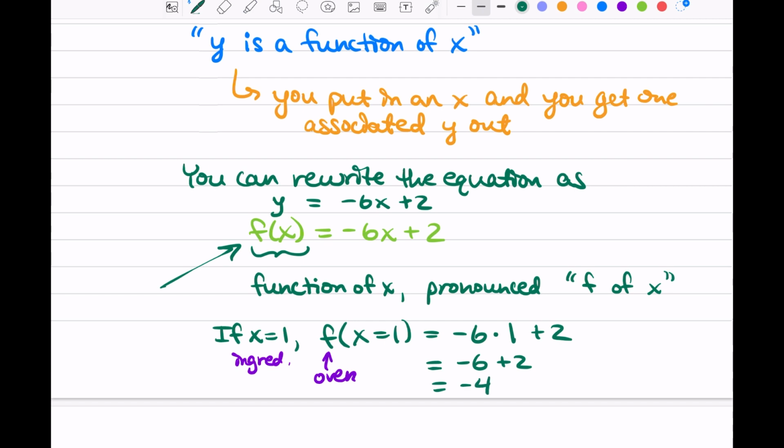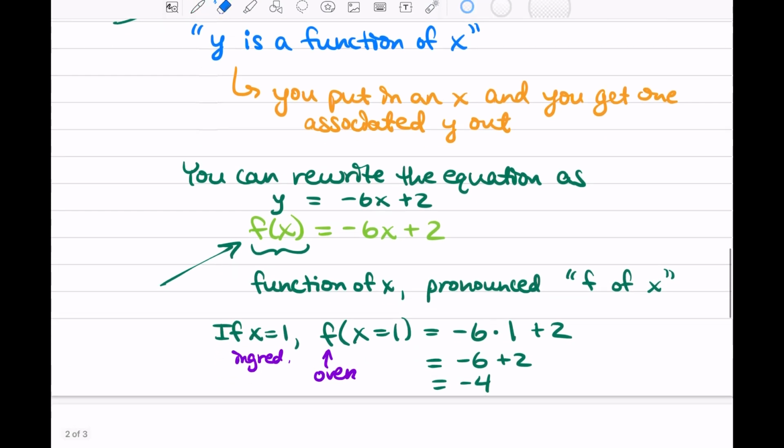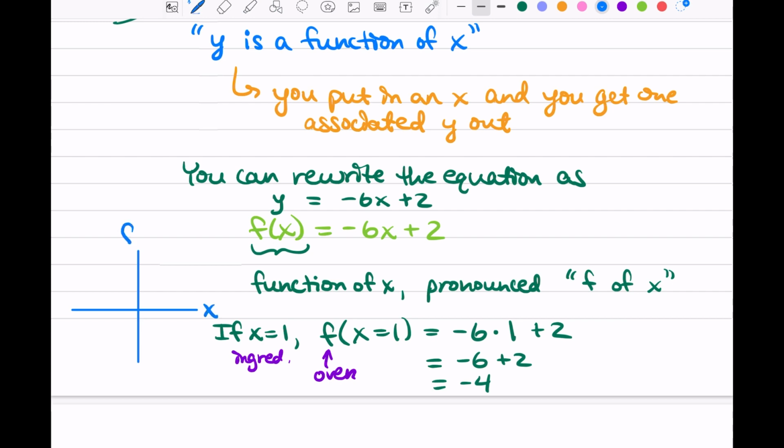I'm not introducing really anything new. All we're recognizing is that y is now a function, because each x is associated with one y. And so sometimes you'll see it graphed like this. Instead of x and y, you'll have x and f of x.